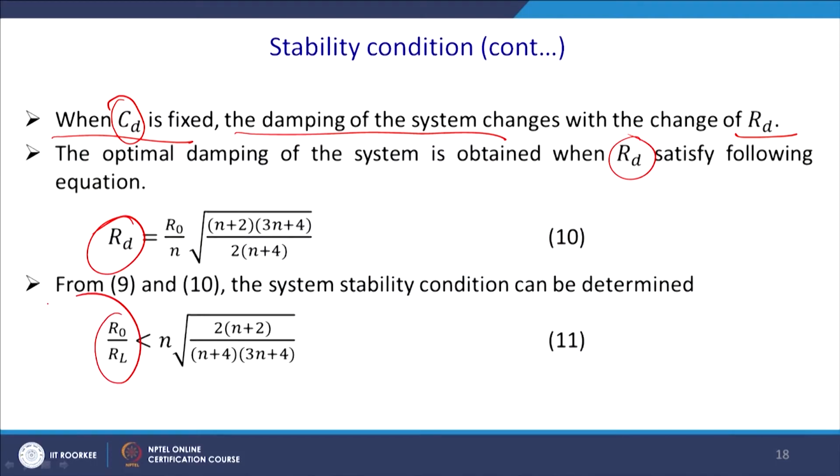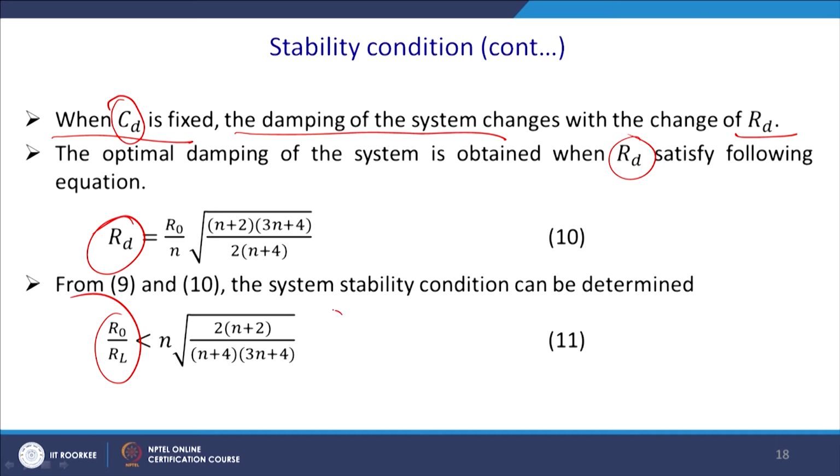That is, R 0 by R L, this ratio should be less than n into... So, you can take these two equations and combine them: 2 into n plus n squared by n plus n to the power 4, into 3 n plus 4.